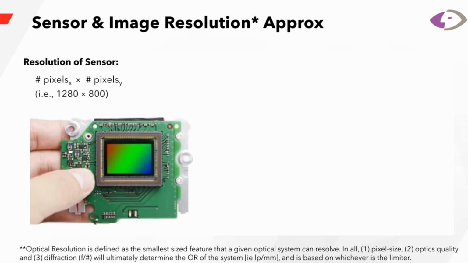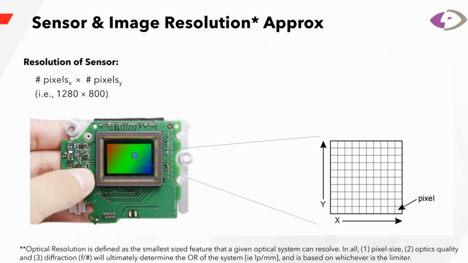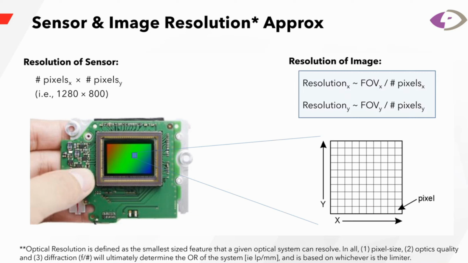Now, the image resolution is sometimes referred to as the print resolution, and it is the dimension of the subject plane you are able to resolve in the pixels. Because it is based on the subject plane, we have to take scale into account.